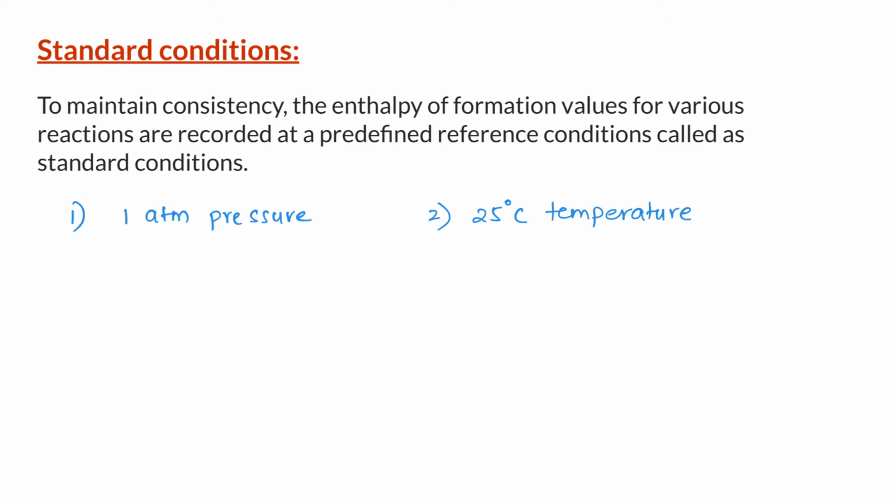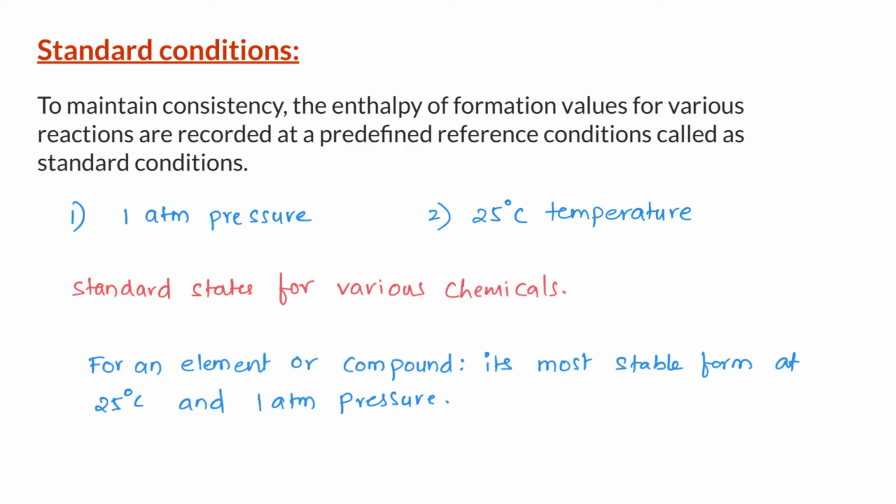Next, let us discuss what the standard state is for chemicals. For an element or compound, its most stable form at standard conditions, that is 1 atm pressure and 25 degrees Celsius, is called the standard state of that element or compound.